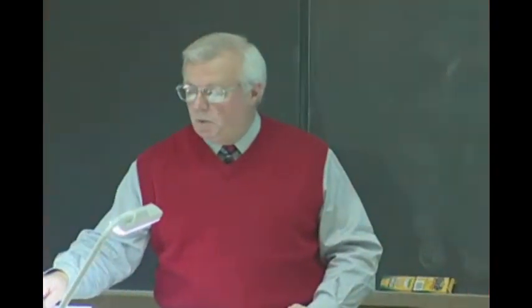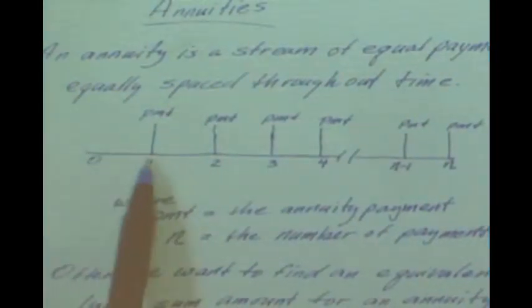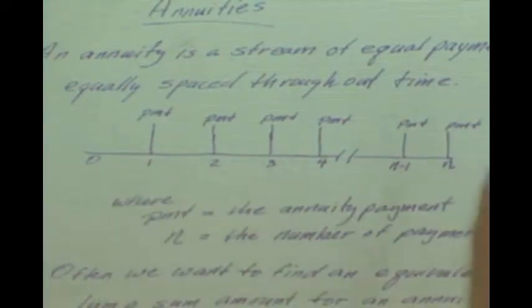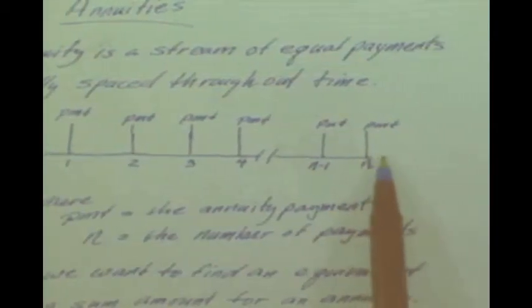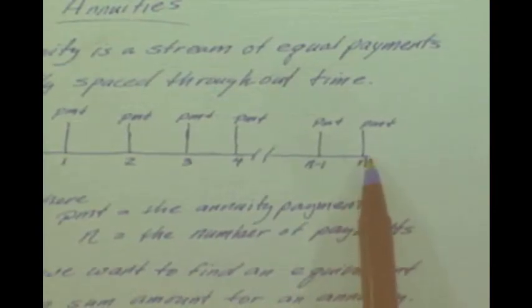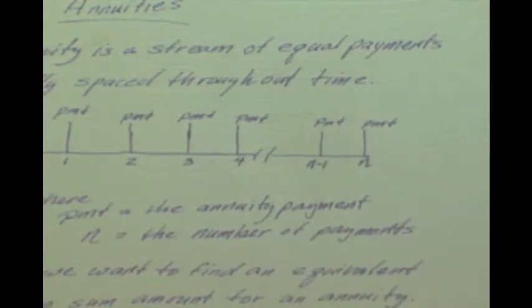If our annuity, for example, is a loan, like a mortgage or a car loan, the amount we're borrowing would be a lump sum amount right here, one period before the first payment is made. We also may want to look at a future value equation that consolidates all of the payments an instant after the last payment is made. This would tell us the future value of a series of deposits into a savings account, for example.